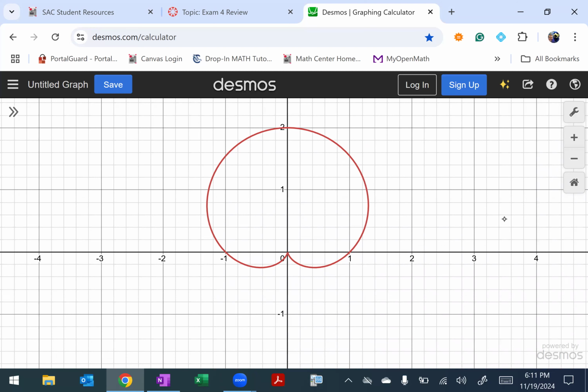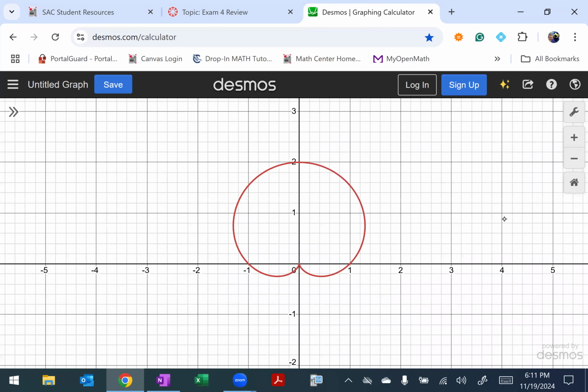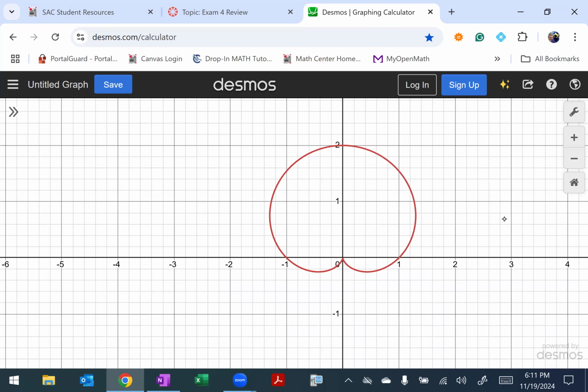But no, we're gonna keep that cardioid. We're gonna put it to the side for a second, because we want to do some calculus on this. So let's first discuss how do we do calculus on this shape? Right now we're just gonna look at derivatives, or tangent lines: what's the slope of the tangent line to a polar curve.